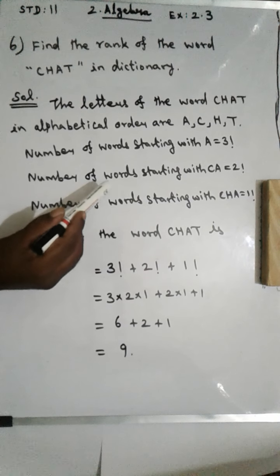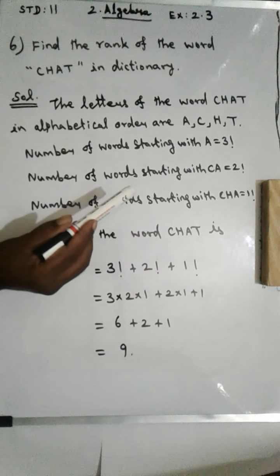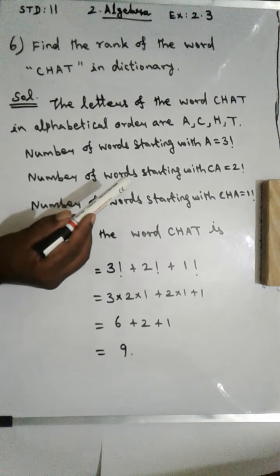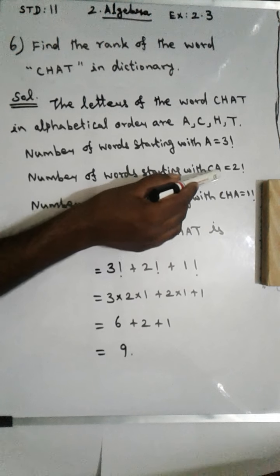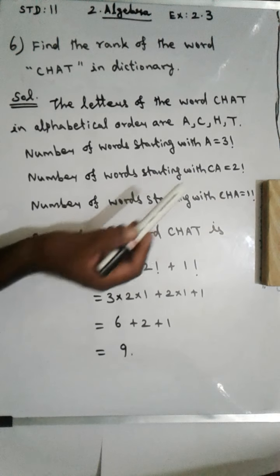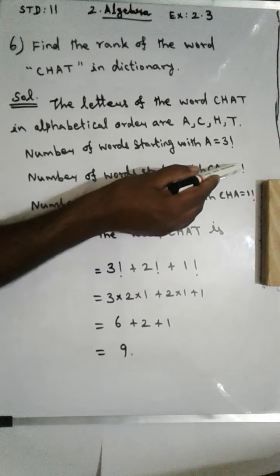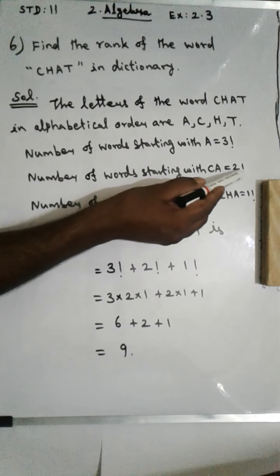Number of words starting with CA: 2 letters remain, so 2 factorial.